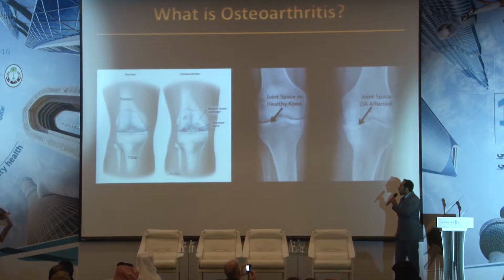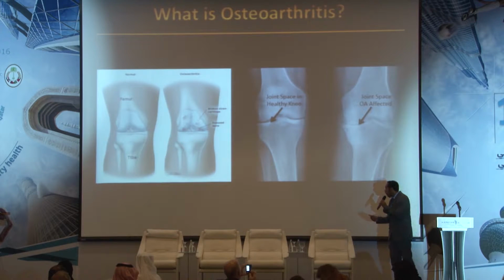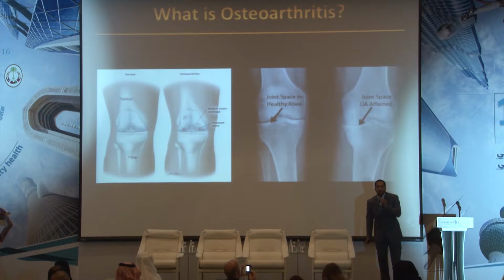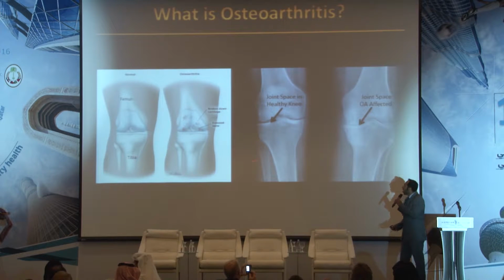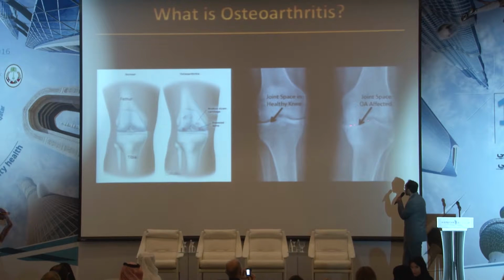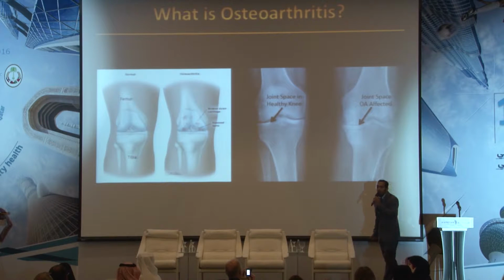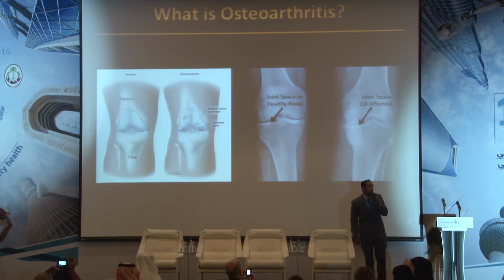When this cartilage breaks down, like on the right side here, the bone is going to be exposed, and that's going to be the case of osteoarthritis. And in the X-ray here, you can see a very nice space between the tibia and the femur. This is due to the cartilage. If this cartilage breaks down, you can see there is no space, and this is going to cause what we could call bone-on-bone osteoarthritis.